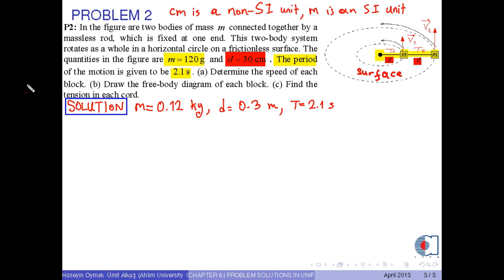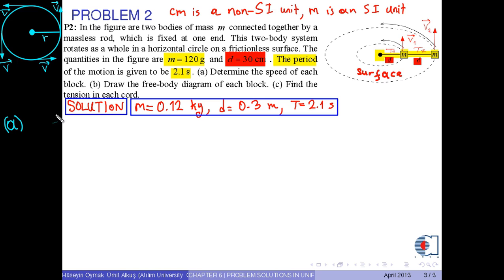Okay, let's solve part A. Remember the discussions of tangential velocity from chapter 4.